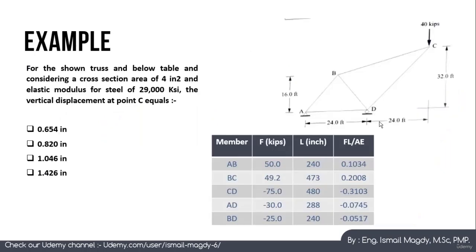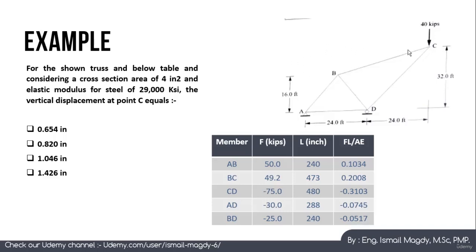Here we have this example. We have this truss here. There is a force of 40 kips applied at this point, and it is given that the cross section of all members is 4 inches square, and the elastic modulus of the steel is 29,000 ksi.